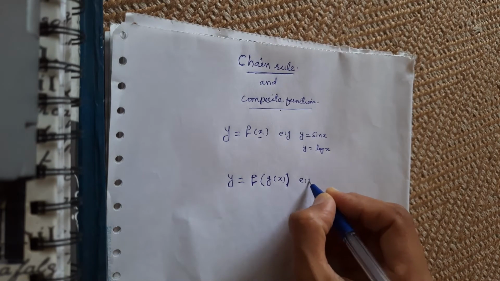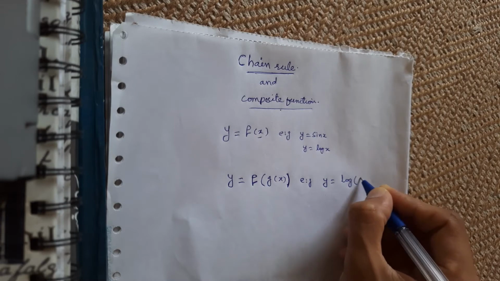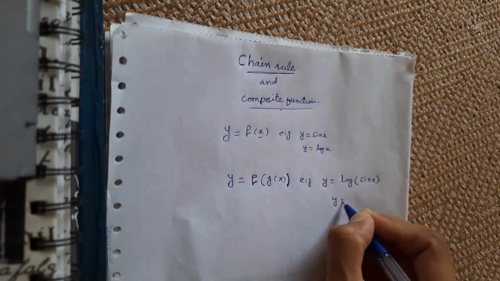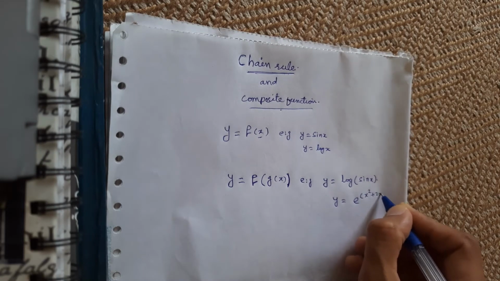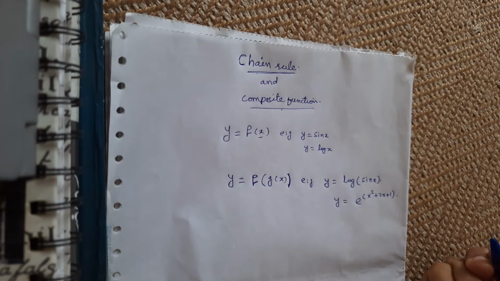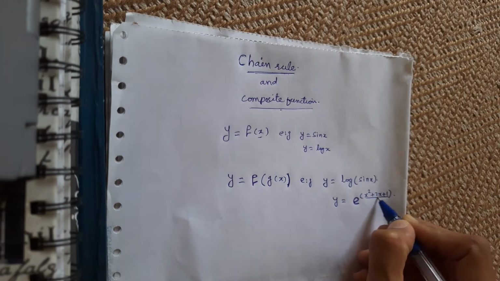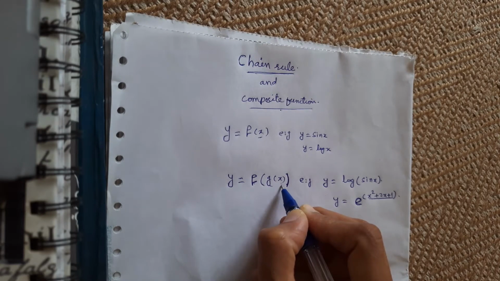Examples for this are y equals log of sin x, or y equals e to the power x square plus 2x plus 1. So exponential is a function and it is a function of x.